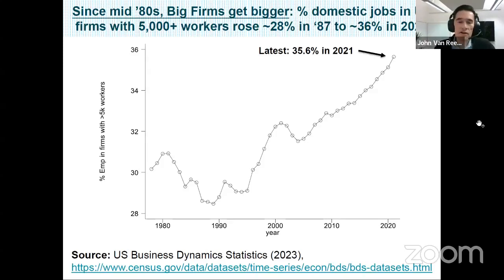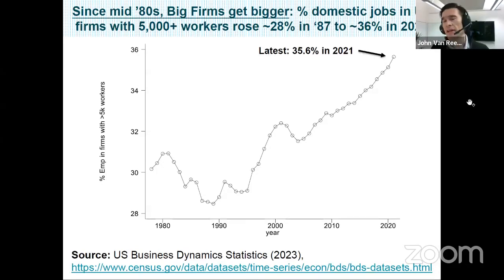So that's a very dramatic increase in where people are working. Well over a third of people working for firms are working in these very large firms, which are like 0.05% of all firms in the economy. So that's one way of measuring the growth of superstar firms.